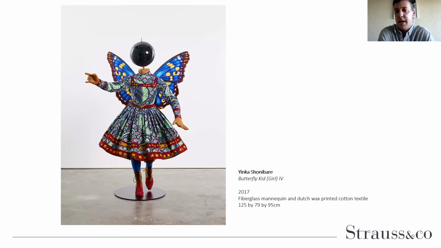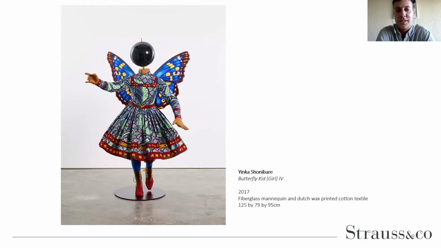In terms of the acquisition policy, this took a lot of time researching, reaching out to galleries, visiting exhibitions, and looking at what work was available. We were very happy and very excited to add a piece like this to the collection. It's such a well-known African artist.